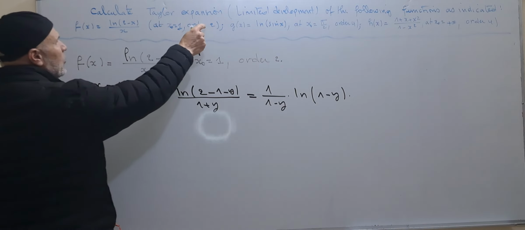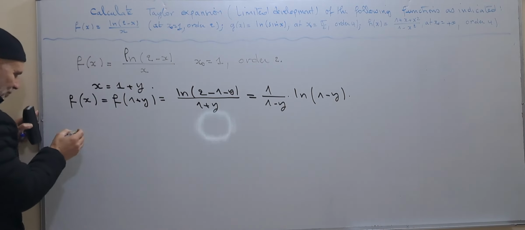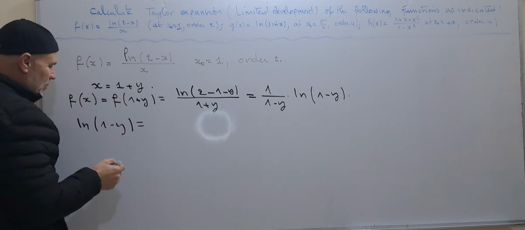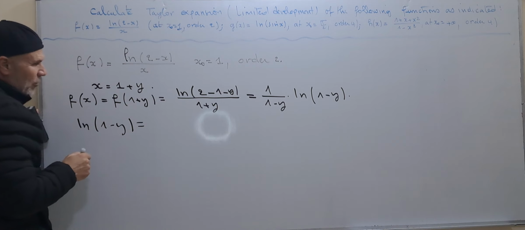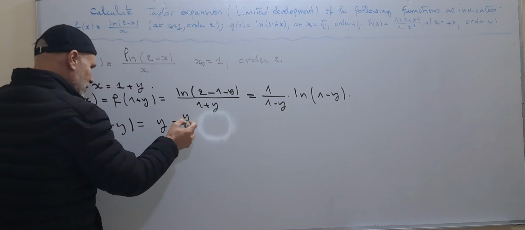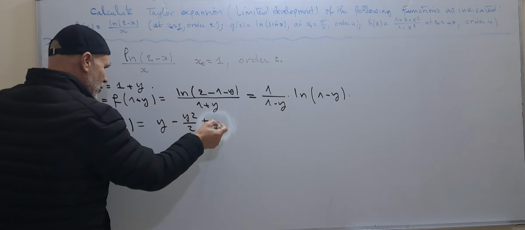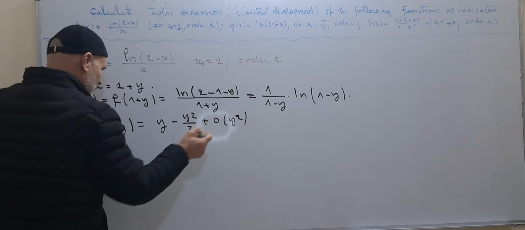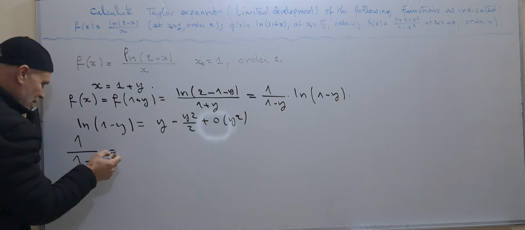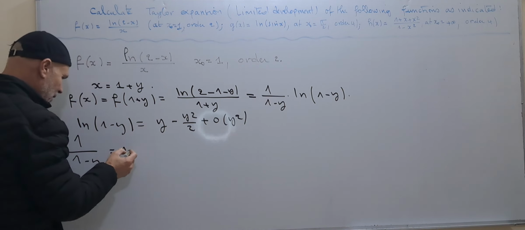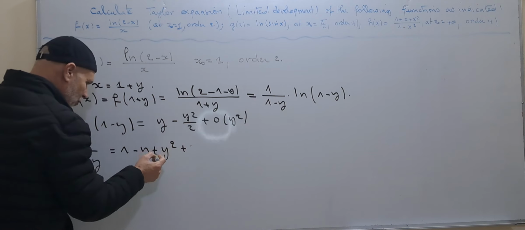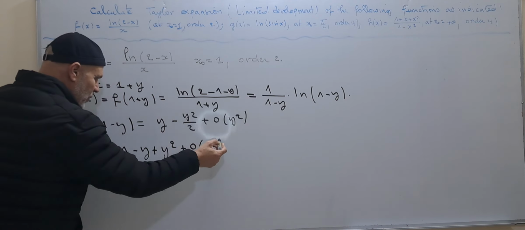To order 2, ln(1 minus y) near 0 to order 2 is equal to minus y minus y square over 2 plus o of y square, and 1 over 1 plus y is equal to 1 minus y plus y square plus o of y square.